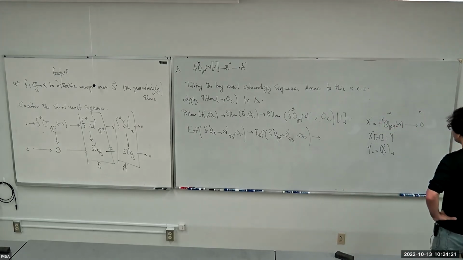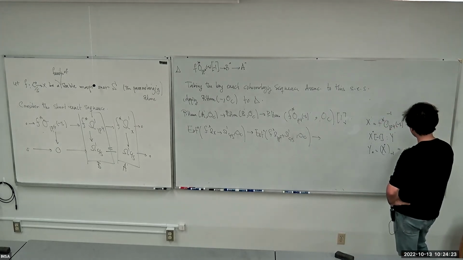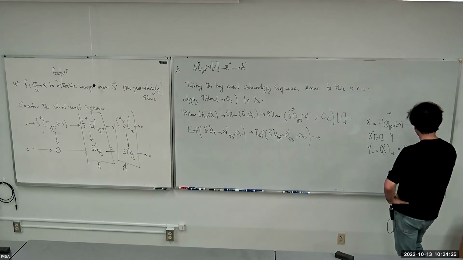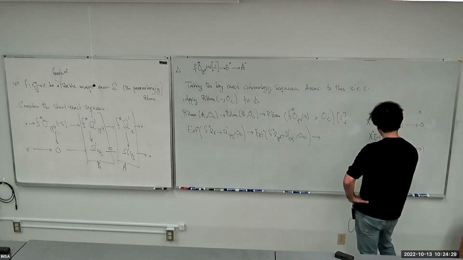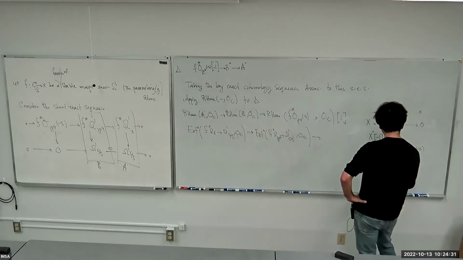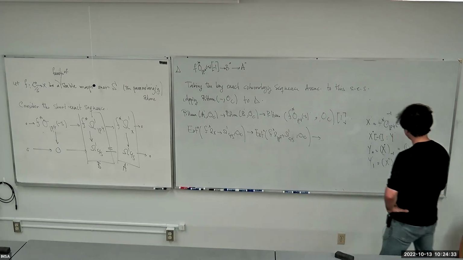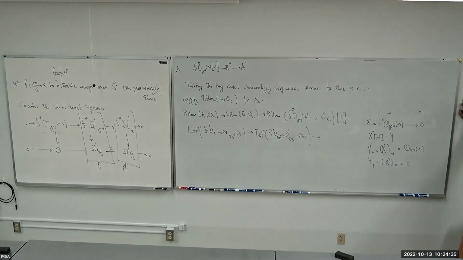Degree 0 term of this is exactly OP4 of minus 5. And Y dot 1 is X dot 0, which is 0. No, that's correct.